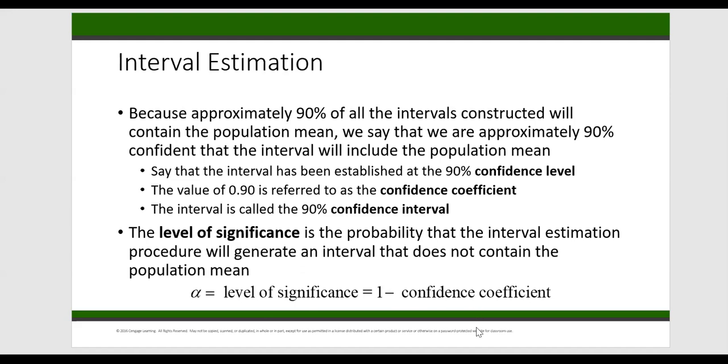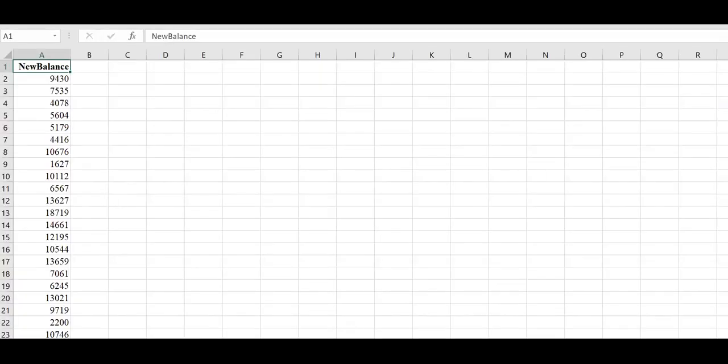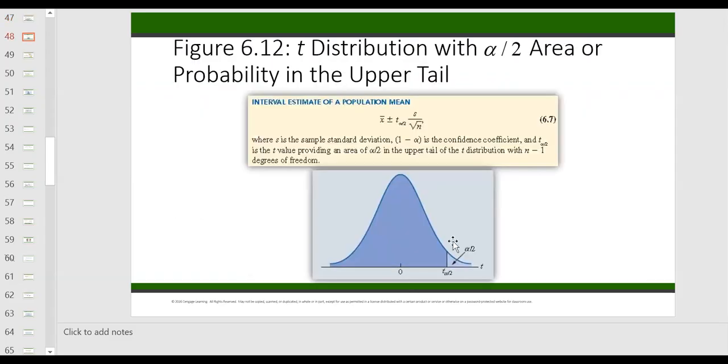All right. So now I'm going to use data file NewBalance, and we're going to see how we can generate interval estimates. So here's the data file. If we want to use this formula, we need a few items.